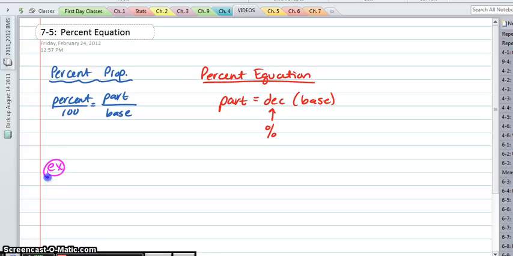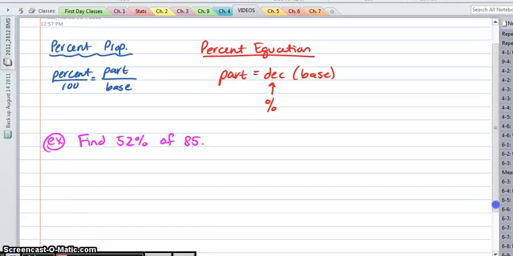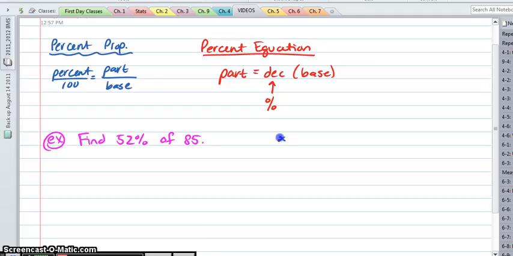Well, for example, let's go ahead and find 52% of 85, and we are going to employ the percent equation. So we're going to use the same keywords that we've been using before. In particular, to figure out your base, you want to be looking for the word "of," like out of what?